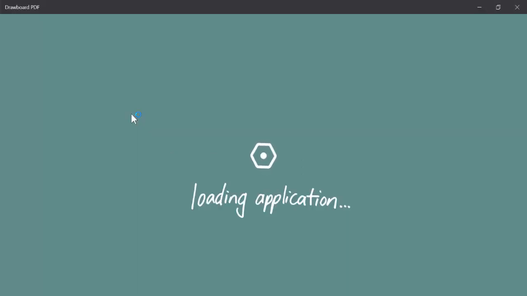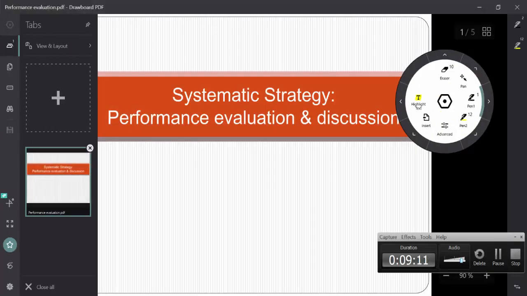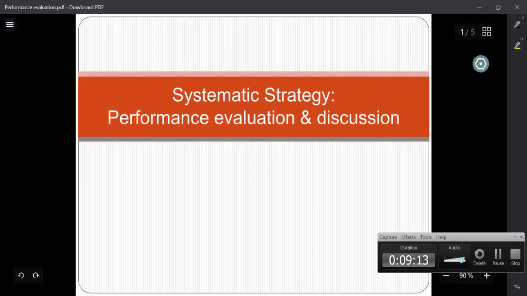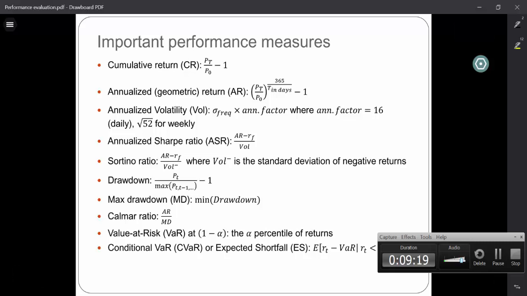So I think here it just contains some guidelines on what he would like you to do for that. So systematic strategy, performance evaluation, and discussion. So feel free to go home and have a look at this.